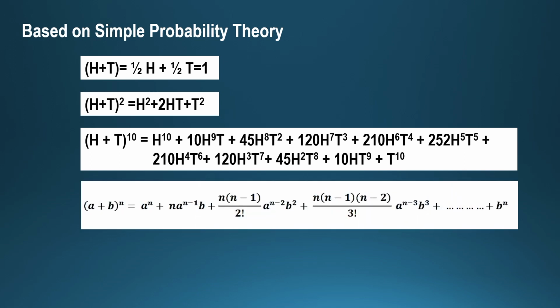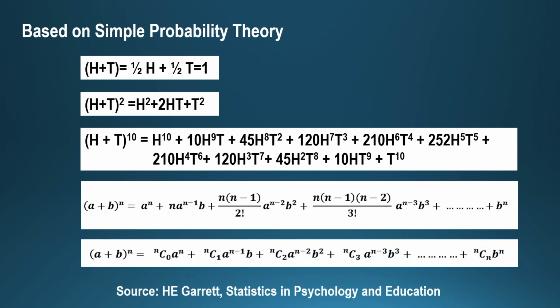You can generalize this. If you have two things, (a + b) raised to power n, then the general equation can be nC0 a^n plus nC1 a^(n-1) b and continuing up to nCn b^n.